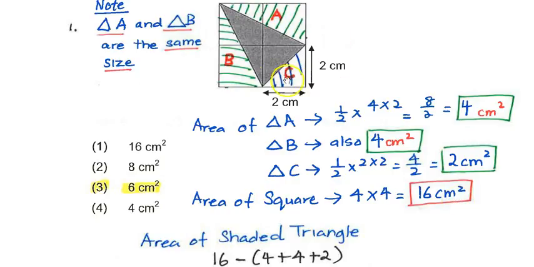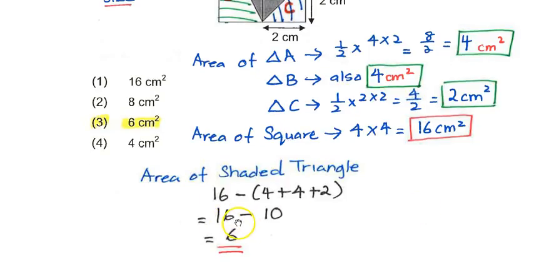So the whole thing minus all the unshaded part. Just now when I said unshaded, it means 4 plus 4 plus 2 is 10. So 16 minus 4 plus 4 plus 2, minus all the unshaded, gives you the shaded answer. The shaded answer is 6 cm squared.